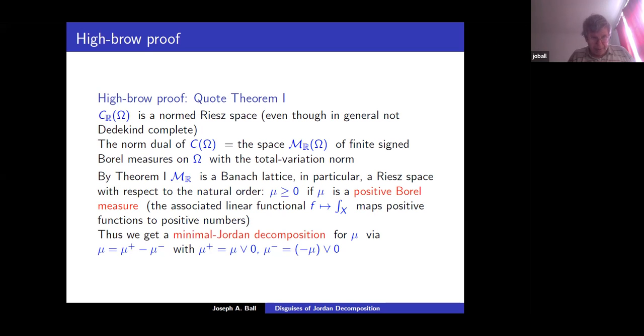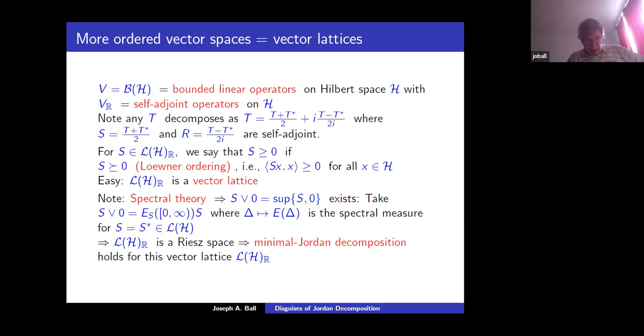Page 11. More ordered vector spaces, also known as vector lattices. So V is, I like to write L of H, the bounded linear operators on the Hilbert space. Then we take the self-adjoint operators, and you can always decompose the general operator as a complex linear combination of self-adjoint ones.